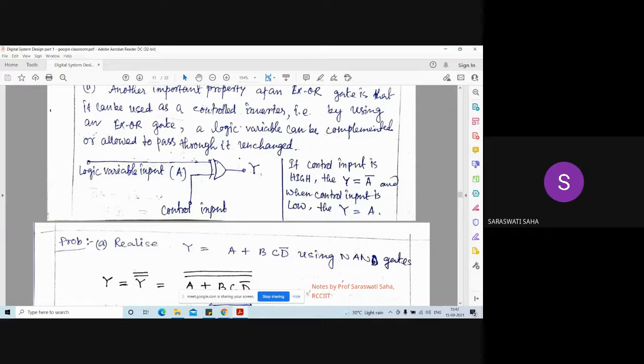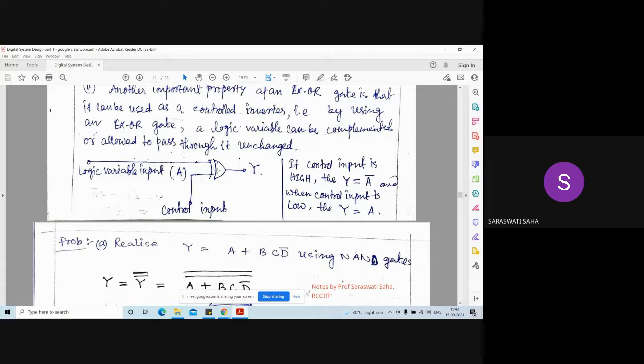If we put 0 here, then it will get 0 1 combination. What will be the output? 1. Yes, ma'am. If we put 1 here, what will be the output? Both are 1, so 0. So Y actually equals A complement.